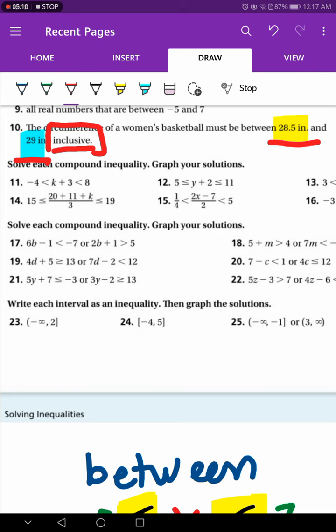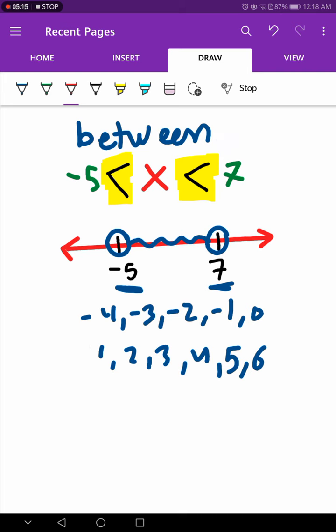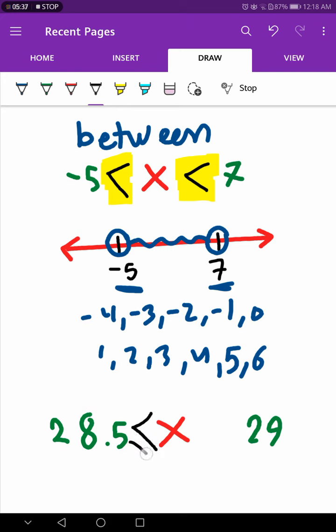What do you mean, teacher? Okay, so it is between; again I will write x in the middle, my dear student, and 28.5 on the left and 29 here. As you know, x is greater than or equal to, but I will write it later to explain it.